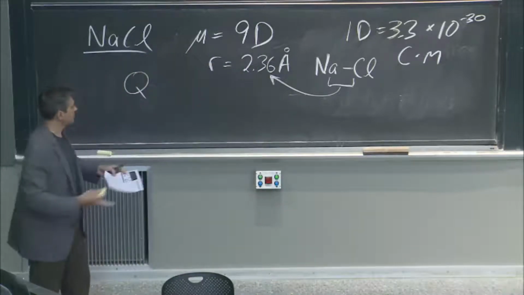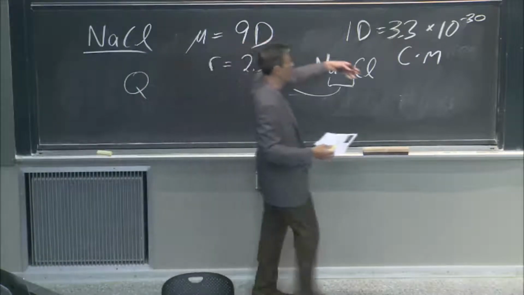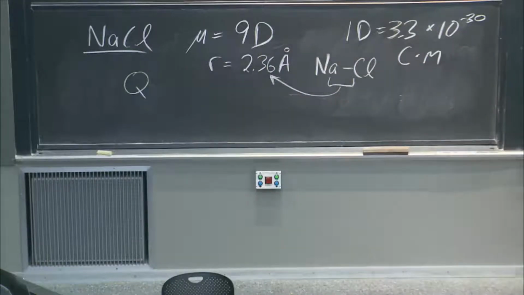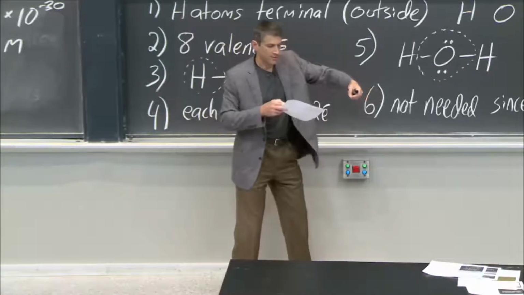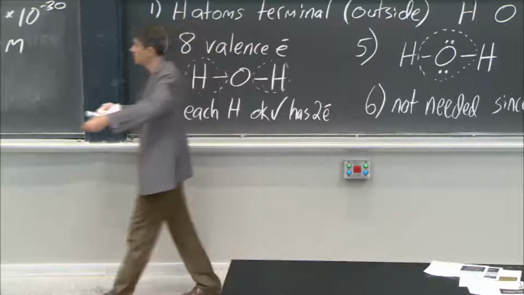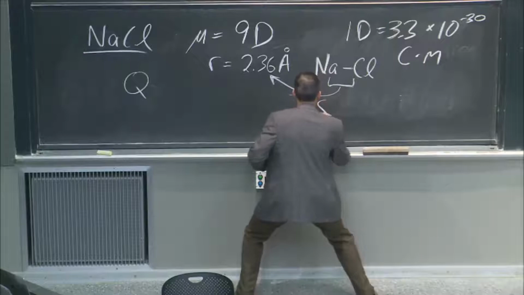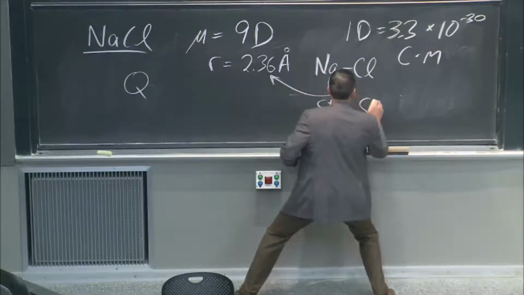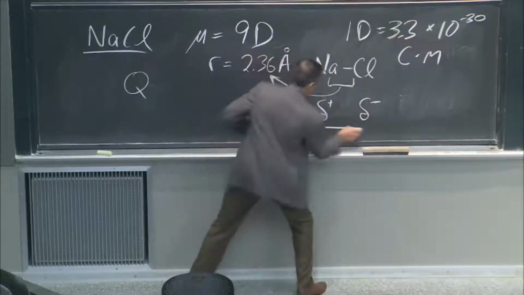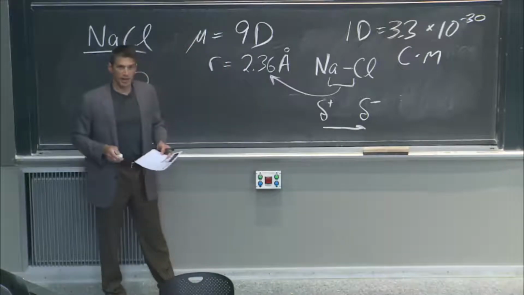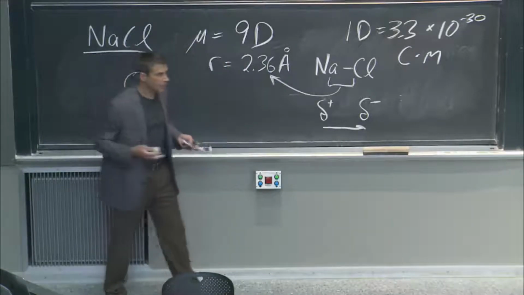Well, that's exactly the distance I need to think about the dipole, right? Remember, a dipole is because I've got positive charge and negative charge. And in fact, you might see it written like this: a little positive charge here and a little negative charge there, and the dipole moment goes like that. There's a dipole.